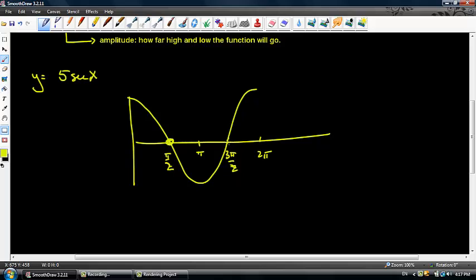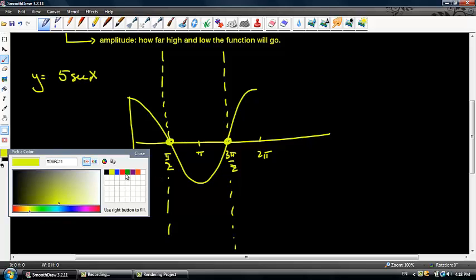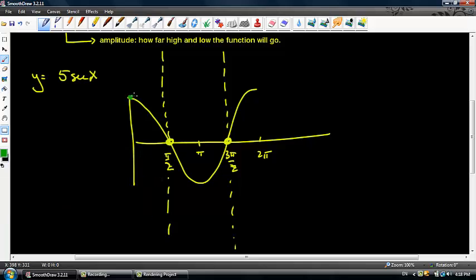Remember, at the points where the graph crosses the x-axis, that's going to be where your asymptotes are. And then for secant, it's just going to grow skinnier. And again, I'm not really too picky on the skinniness of it. And let's not forget our labeling. 0, and this is 5, and this is -5.